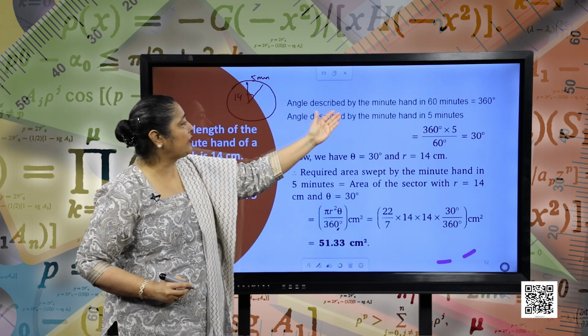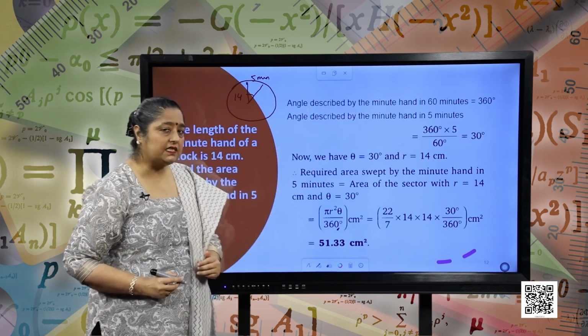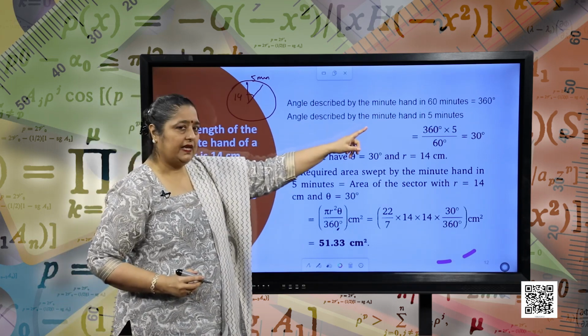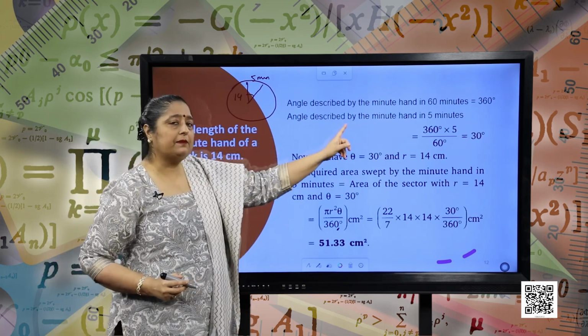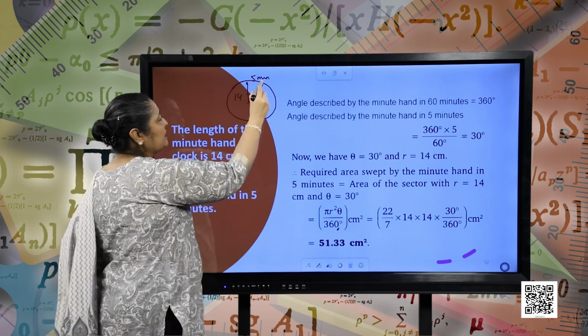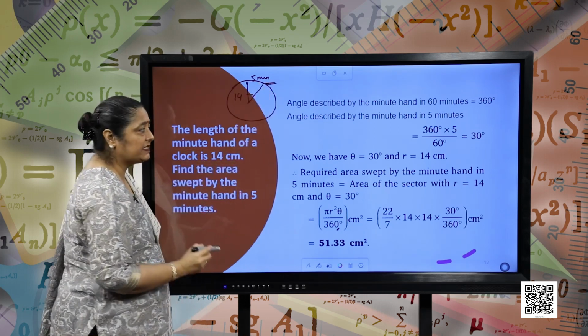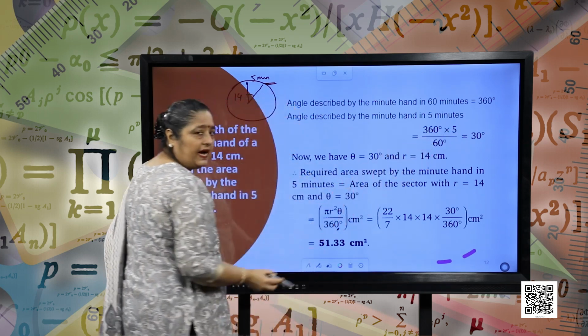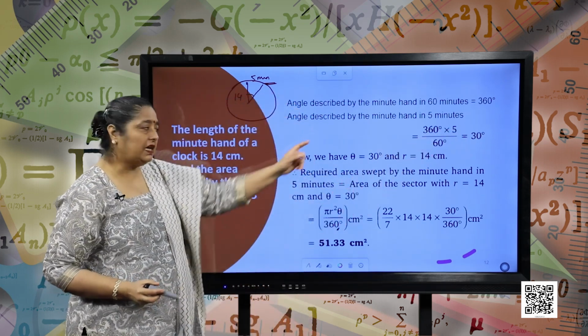The angle described by the minute hand in 60 minutes is 360 degree. Then the angle described by the minute hand in 5 minutes, this is what we want, will be 360 degree into 5 divided by 60, that is 30 degree.